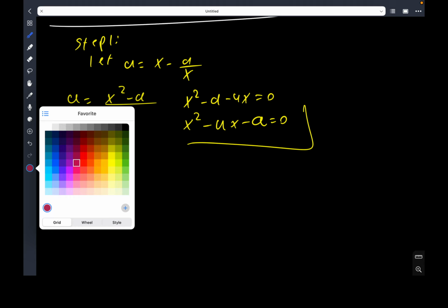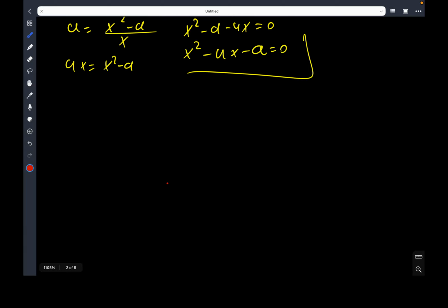Now recall the quadratic formula that was x equals negative b plus or minus root b squared minus 4ac over 2a.